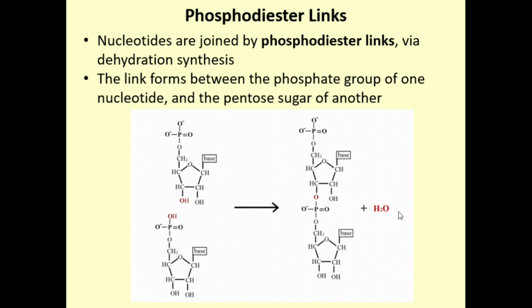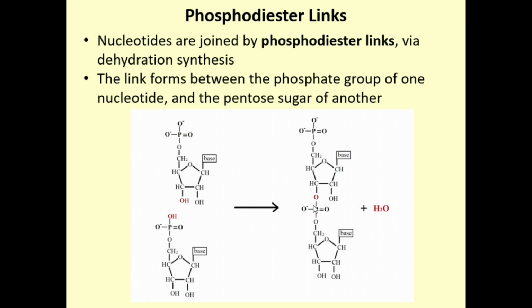There's the water molecule that's given off, and then a new bond is formed between that lone oxygen that's left. So this now joins the pentose sugar of one nucleotide to the phosphate group of another. This is now what we'd refer to as a dinucleotide, so two nucleotides joined together. And this oxygen here represents a link between the two.